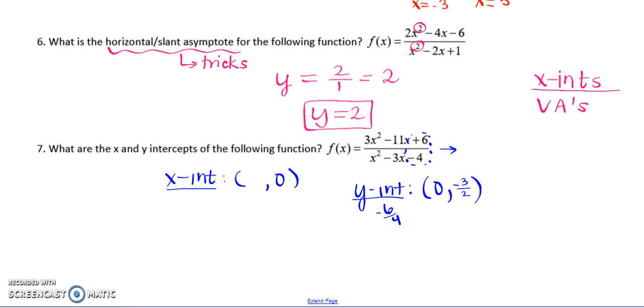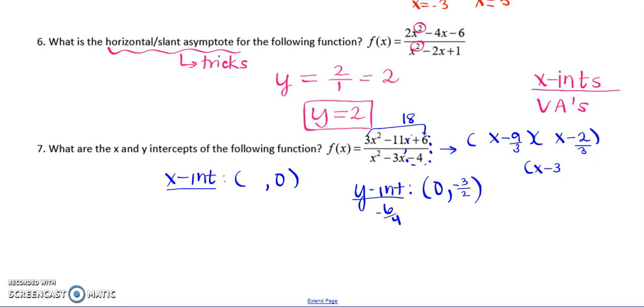let's see what happens in our numerator. So if we were to factor this, we have 3 times 6 is 18. So my two numbers that multiply to 18 and add to -11 are -9 and -2. But we have to divide those values by the 3 that we multiplied through. This is bottoms up.